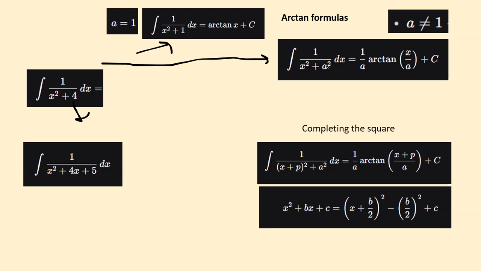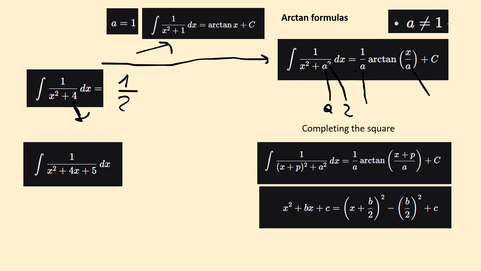You just need to see that you have a and you have x. So you need to know what is a, what is x here. So you're going to write 1 over a, where a is this point. This is a. So a is 4. But you can see this is a squared, so it means that you need to change it to 2.